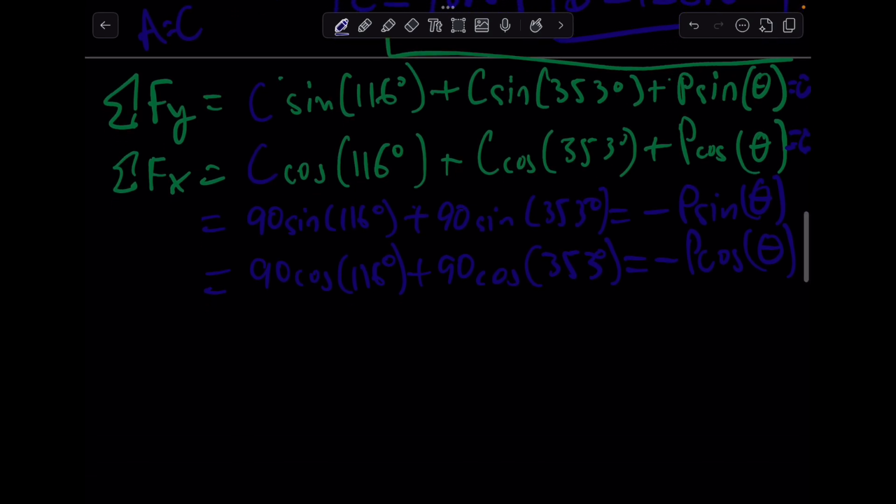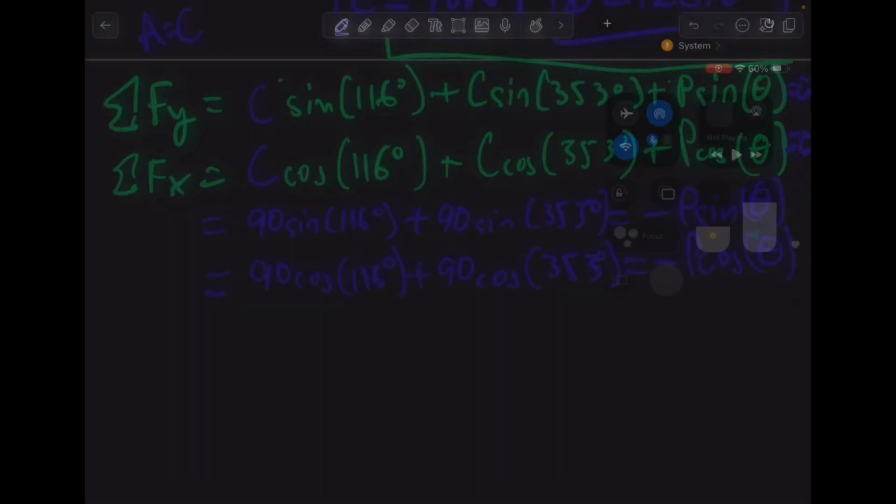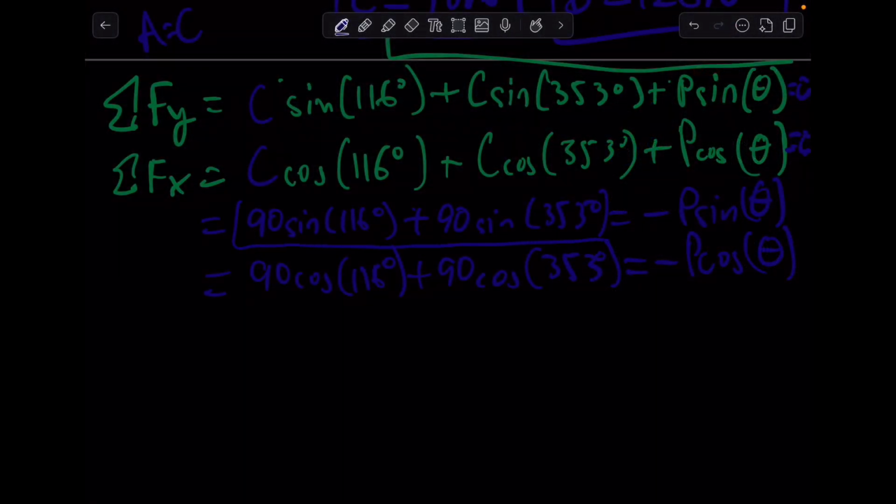And now you can tell that we have a system of 2 equations and 2 unknowns. Do you guys want me to solve this? Let me try solving it real quick. If you plug all this into a calculator, you're going to get pretty much negative 69.